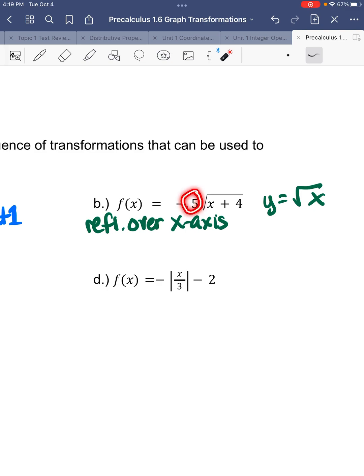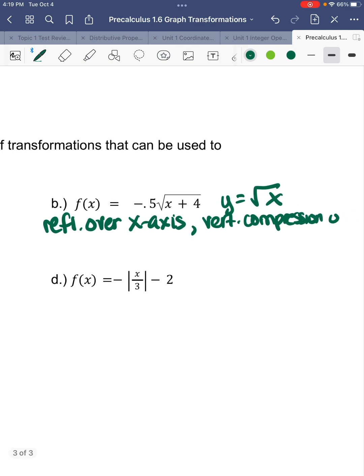A 0.5 in front, we leave the 0.5 the same. Multiplying y values by 0.5 would be a vertical compression of 0.5. Replacing x with x plus 4 finally would move the graph left 4.